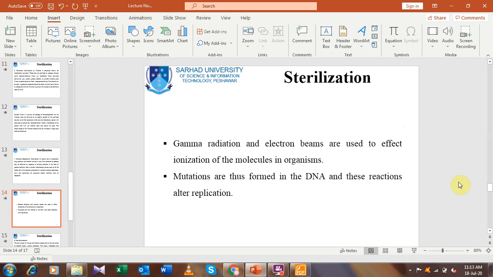Gamma radiation and electron beams are used to effect ionization of the molecules in the microorganism, and by this way mutations are found in the DNA, and these reactions alter replication, and this way the sterilization is done.